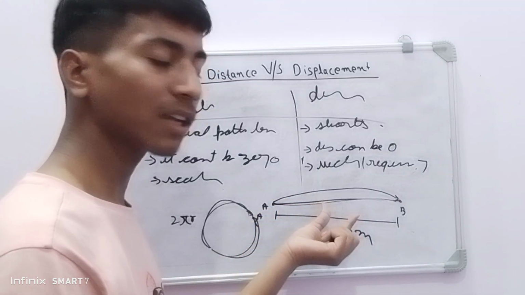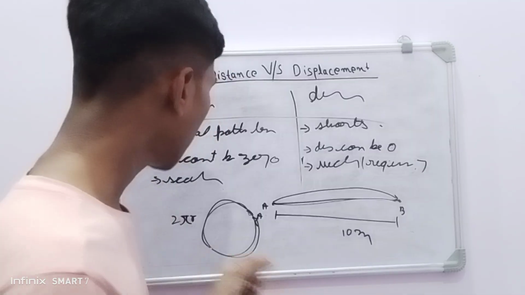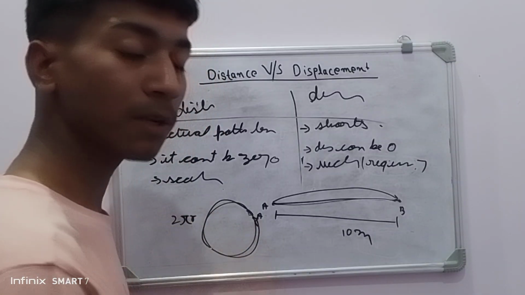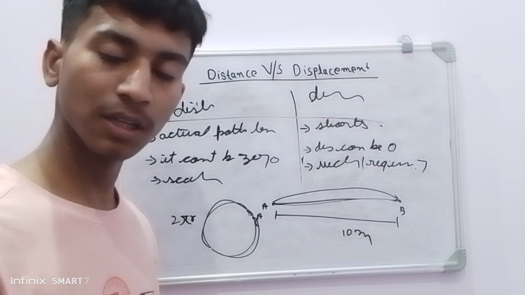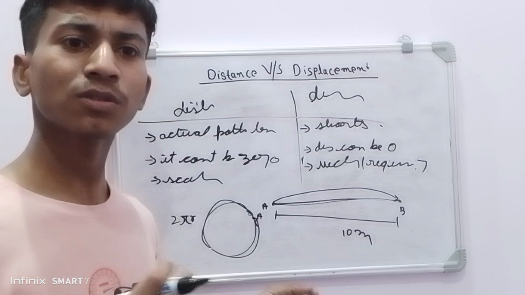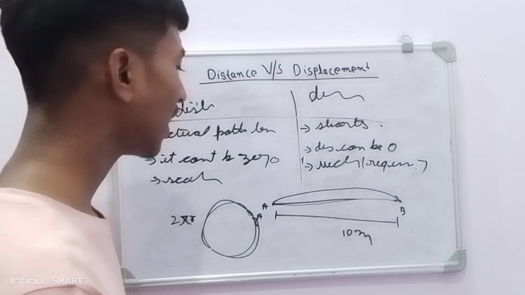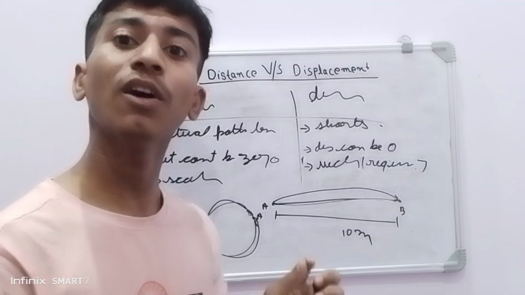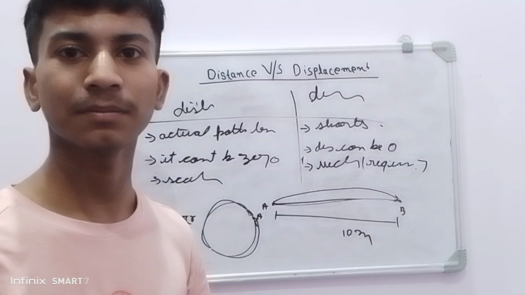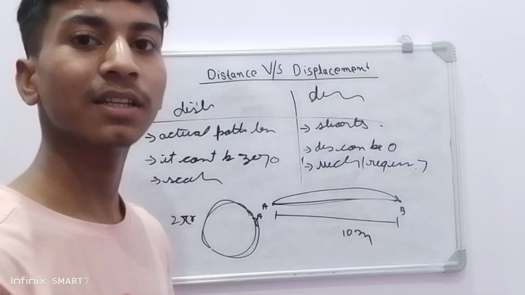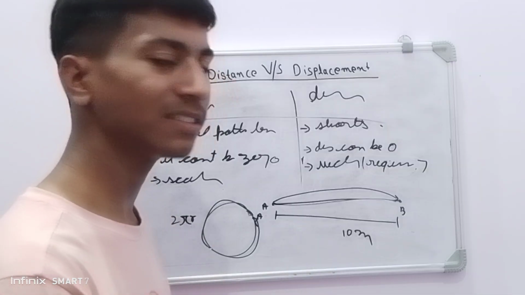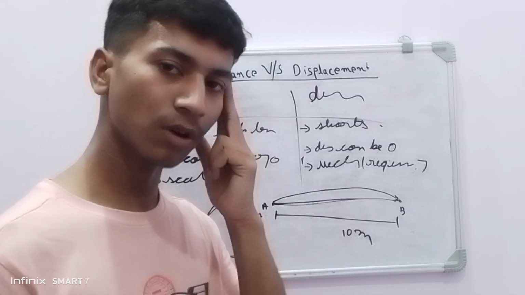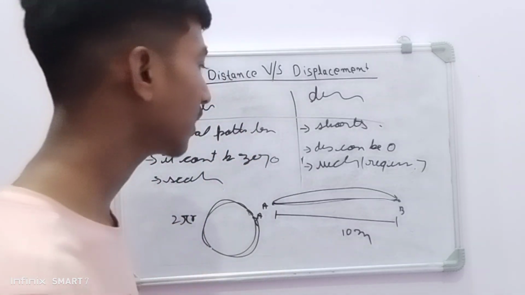Distance could be equal to the displacement, and displacement could be 0 even though there will be some distance. And another conclusion is that the displacement cannot be greater than the distance, because the displacement is the shortest distance. So I think you may understand what this means.